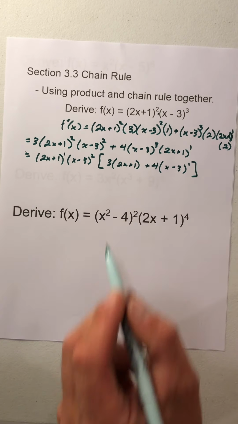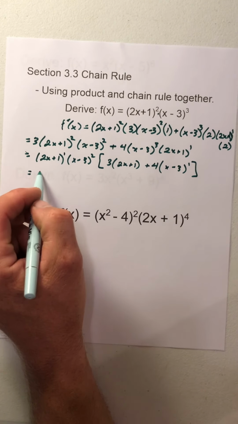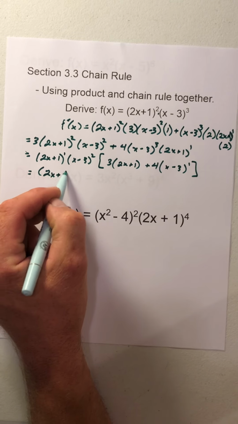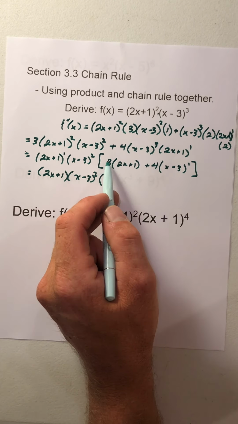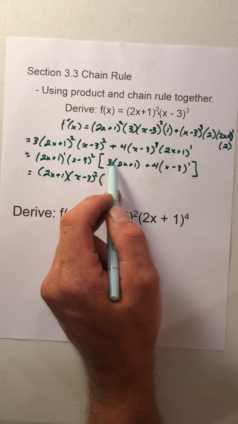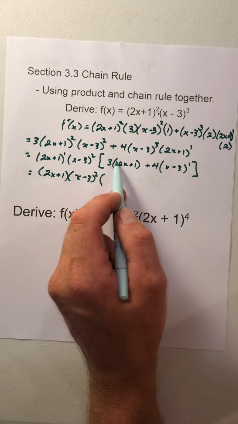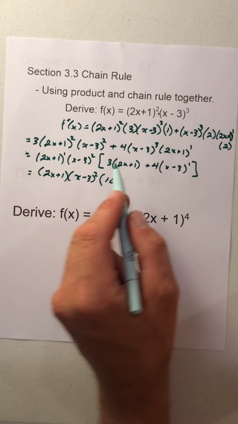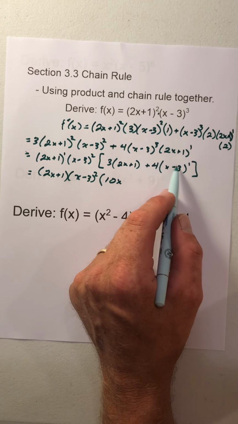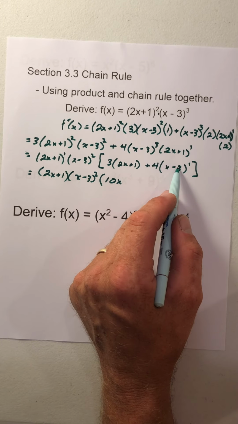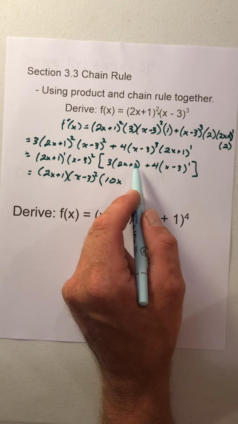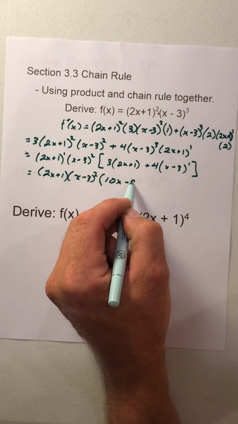We can go ahead and clean up those brackets to get a nice clean answer. So we get 2x plus 1, x minus 3 to the second. In here we have 3 times 2x is 6x, and a 4x. We're adding those together, so we get 10x. We have 3 and then a negative 12. So 3 times 1 gives us a 3, 4 times negative 3 gives us negative 12, and 3 minus 12 gives us negative 9.